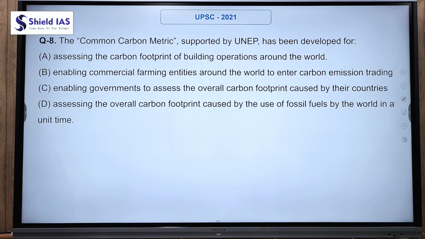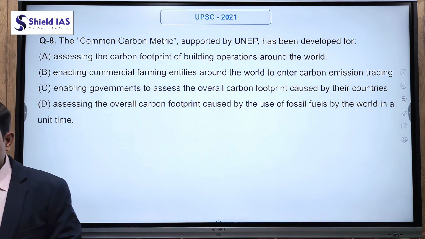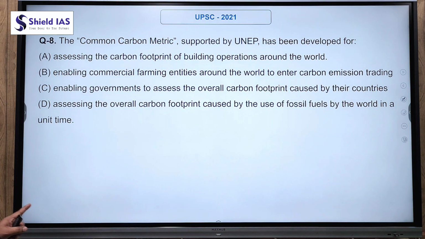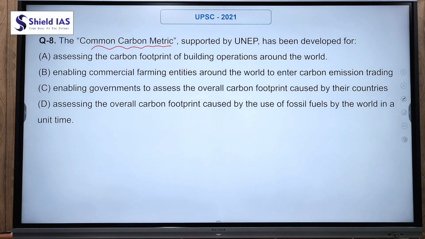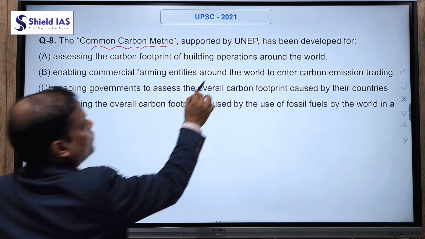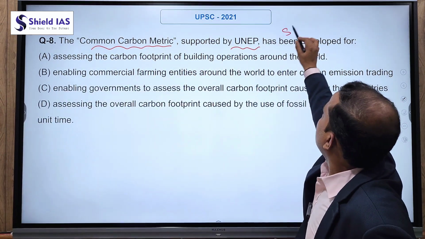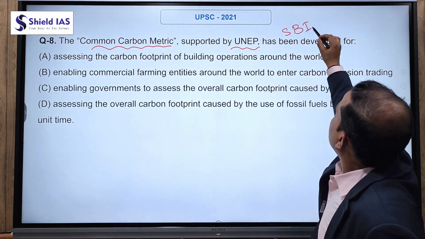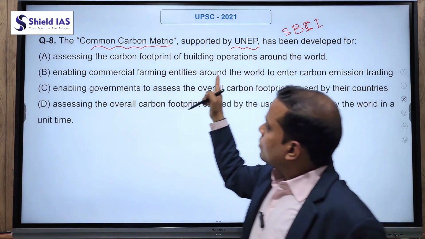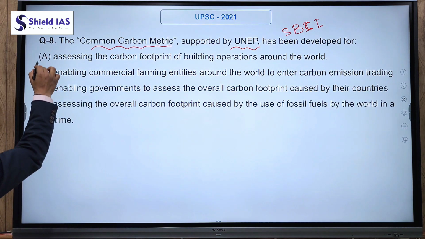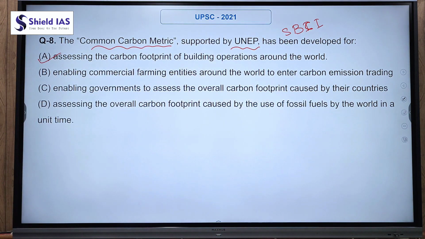What is carbon footprint? Carbon footprint is the total amount of greenhouse gases generated by an entity, and this common carbon metric is a protocol developed by UNEP and SBCI, Sustainable Buildings and Climate Initiative.